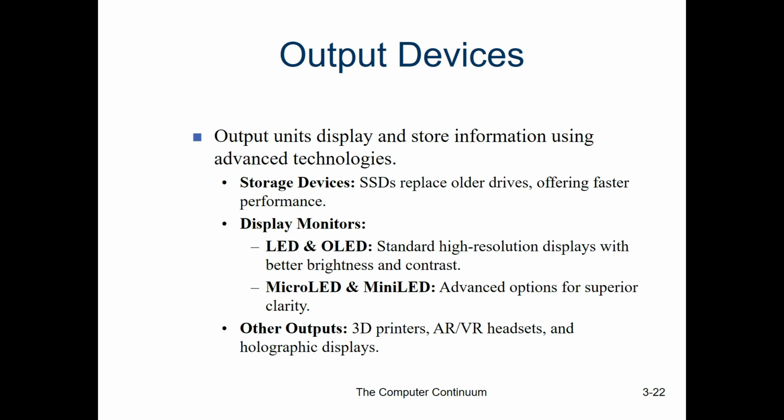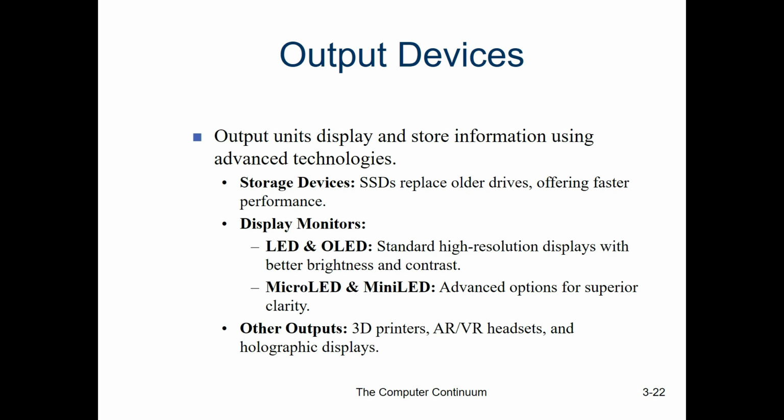And then we have display monitors like LED, OLED, standard high resolution display, which we are all using nowadays. Then micro LED and mini LED. These are advanced options for superior clarity. So these are some of the display modes we have as of now, as I'm recording this video.